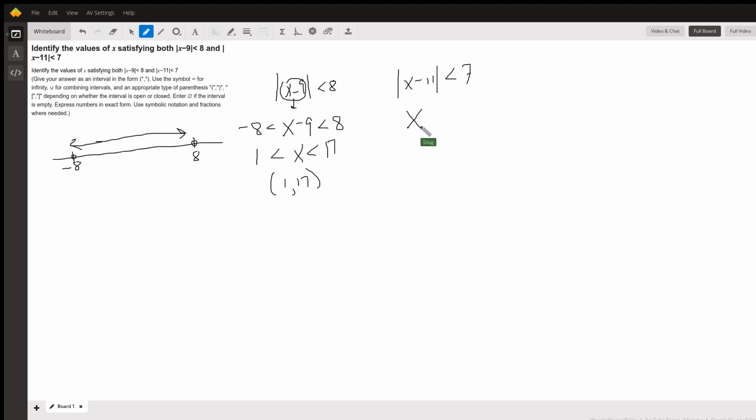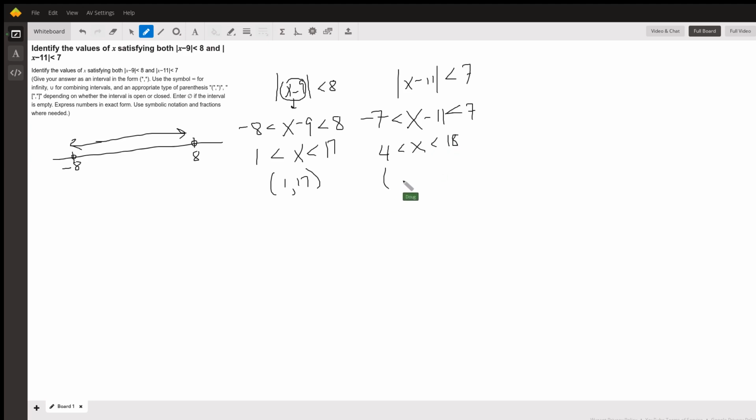Similarly, x minus 11 has to be between 7 and its opposite. And if I add 11 to all three parts, I get 4 is less than x is less than 18.